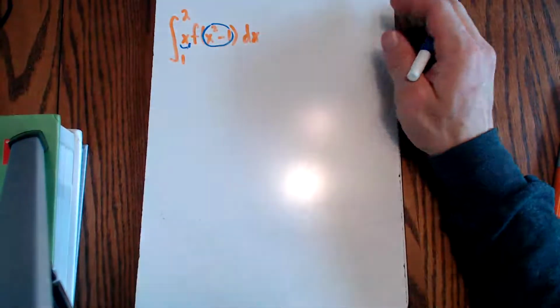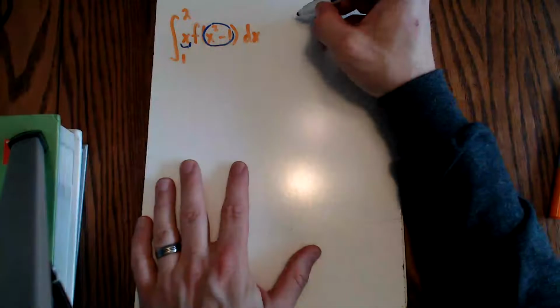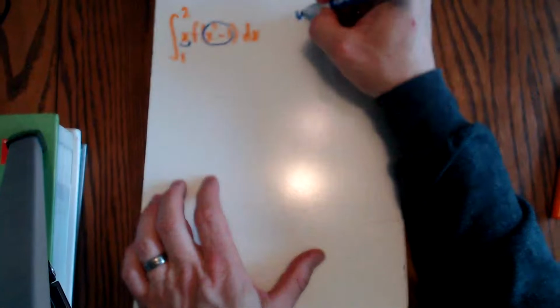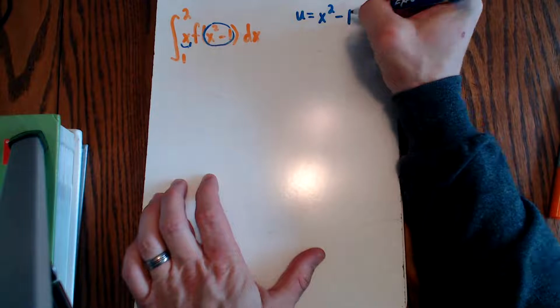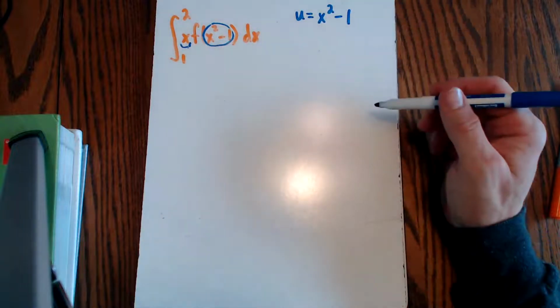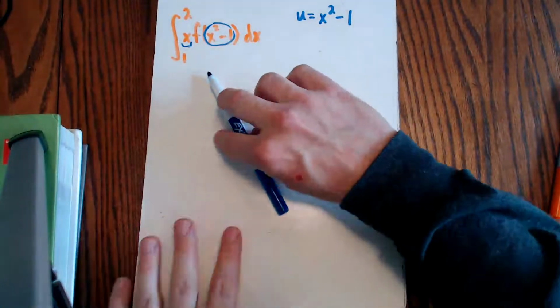That lets me know u substitution can unlock this problem. Again, normally I wouldn't bother with it, but here I'm forced to make something happen. When you use substitution, the most important thing is establishing what u is. Use the inside. Just that choice of u alone will force 3 of the 4 substitutions. If it's a definite integral, there's going to be a total of 4 substitutions. So let's see how this goes.